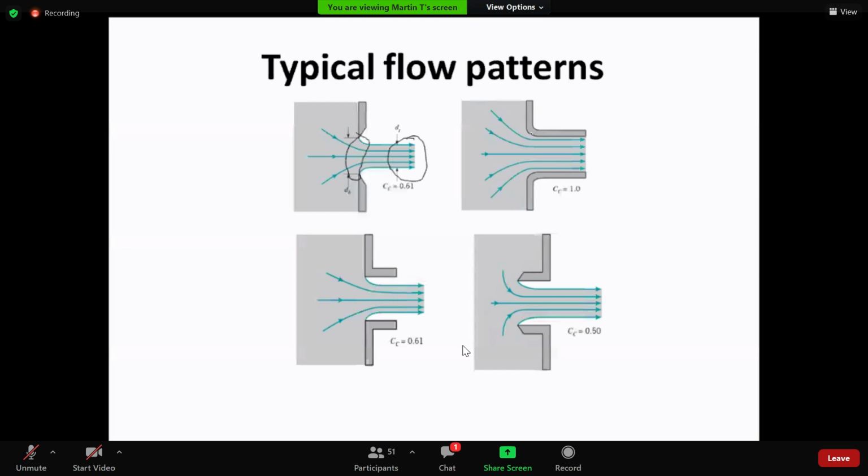Same with this here, they are converging, and here they are straight. Likewise, here we have the streamlines converging.